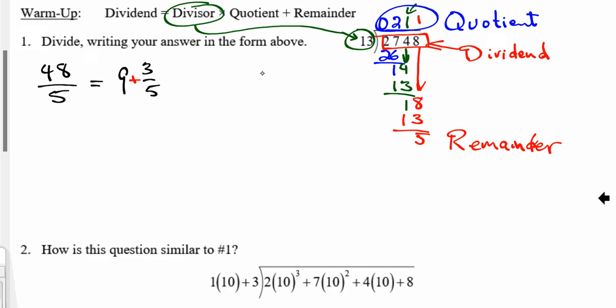Okay, so if I were to take this equation that we have up there, and I multiply both sides by the divisor, what happens? Well, here the 5's cancel out. I get 48 is equal to 5 times 9, which would be 45. I'm not going to expand it. And then the 3/5 times 5, the 5's cancel, and I get 3.